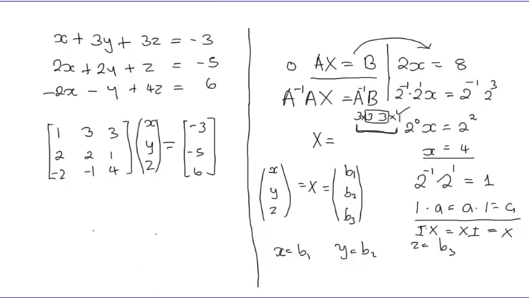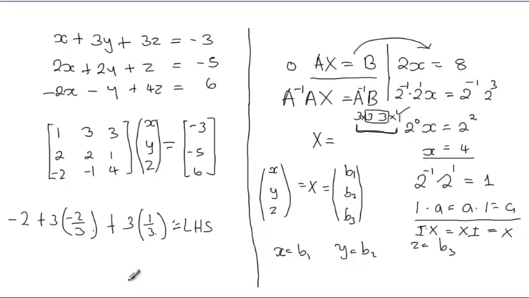What is x? 2. Plus 3. What is y? Minus 2 over 3. Plus 3. What is z? Exactly 1 over 3. Okay, this is our left hand side. Do you agree?